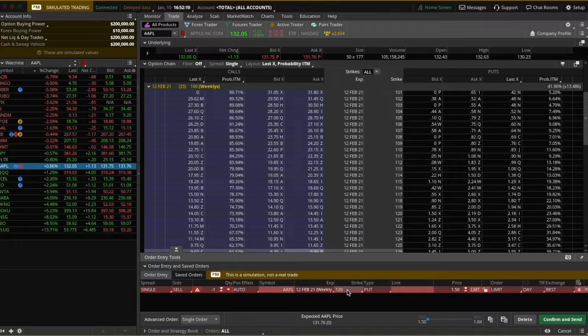So what will happen in that case? If Apple stock price is below $120, you have to buy 100 shares of Apple at strike price $120 per share. Okay?